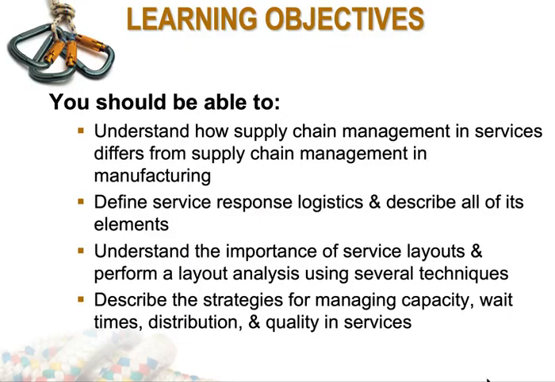Okay, the learning objectives for this course are that the student should understand how supply chain management in services is different from supply chain in manufacturing, define service response logistics and describe all of its elements, and understand the importance of service layout and perform a layout analysis using several techniques.